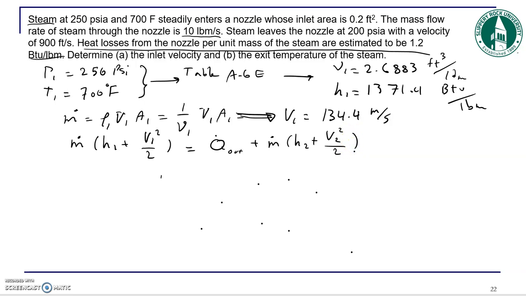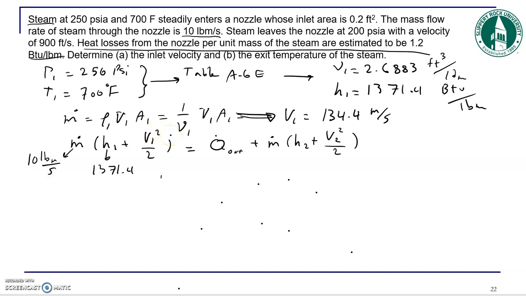So we have H1, right? We found it from the previous part, 1371.4, table A6E. We have the m dot value to be equal to 10 pound mass per second.